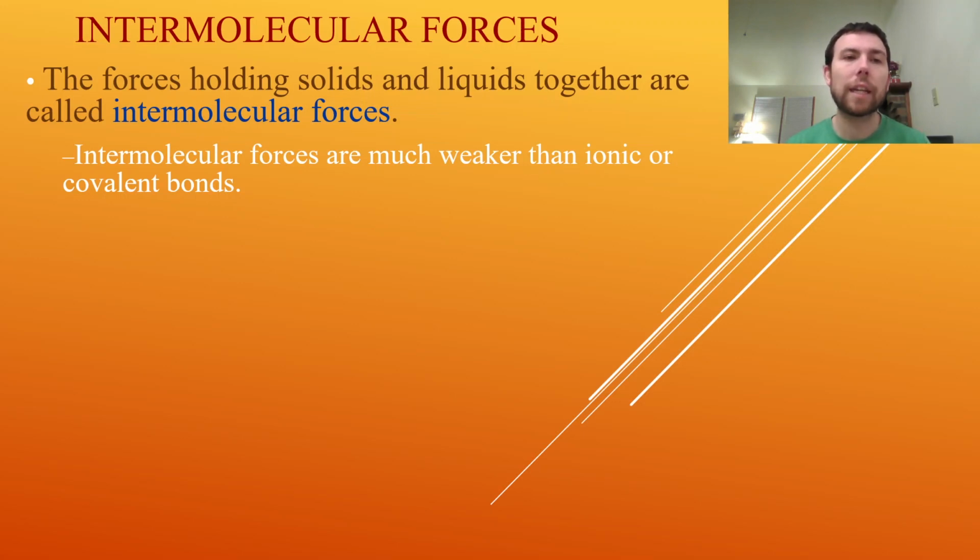We're simply looking at how the particles, the molecule itself, interact with another molecule. And so it leads us to significantly weaker interactions than our intraparticle forces. So just keep that in the back of your mind when you start thinking about the strength of these things. Certainly our ionic and covalent bonds are stronger than the intermolecular forces that we're going to be looking at in this particular unit.